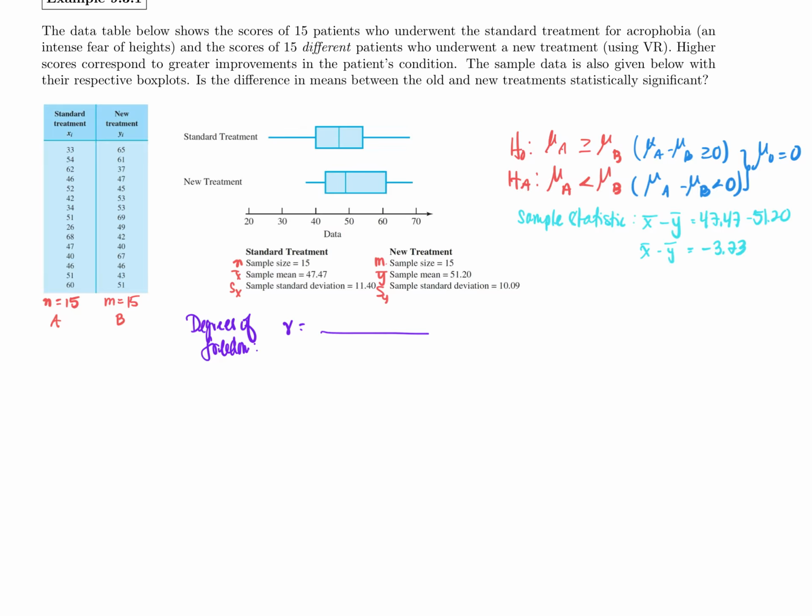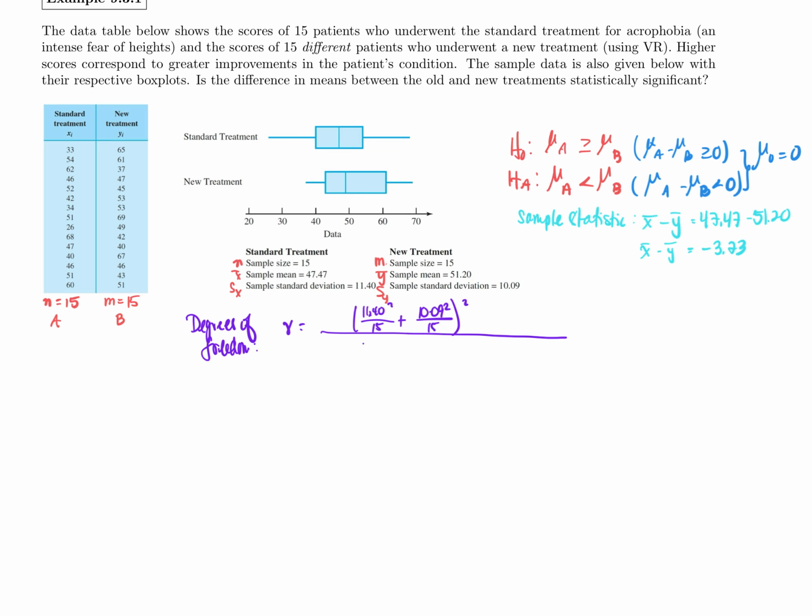Let's see if I can write it all out for you without making a huge mess here. Let's do 11.40 squared over 15 plus our 10.09 squared over our sample size of 15. And this is all squared.